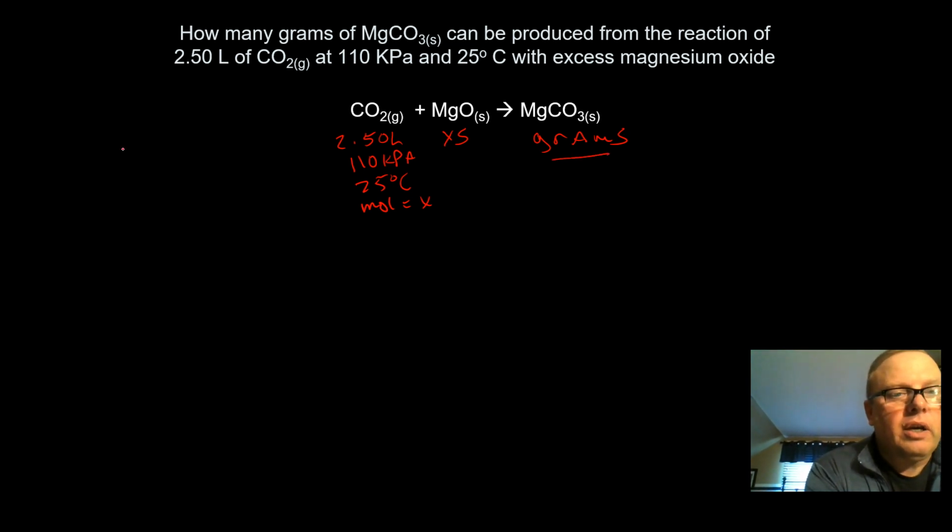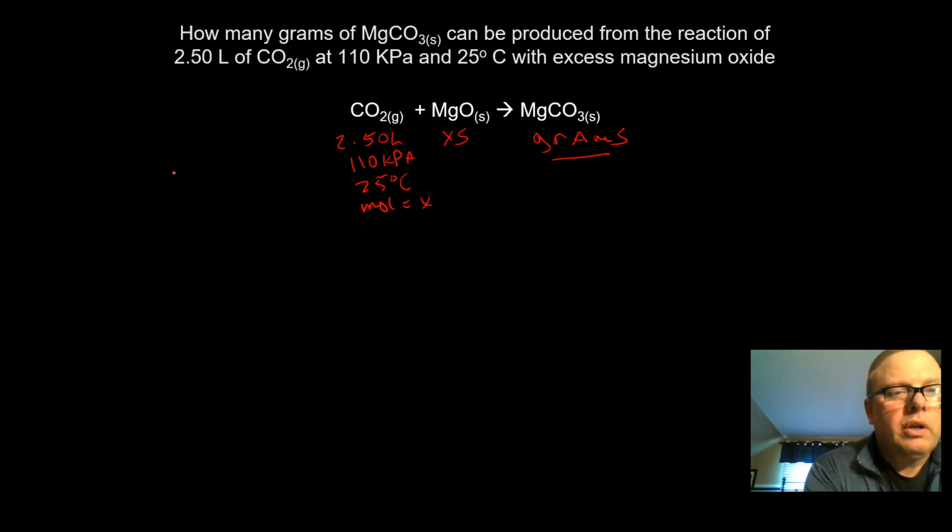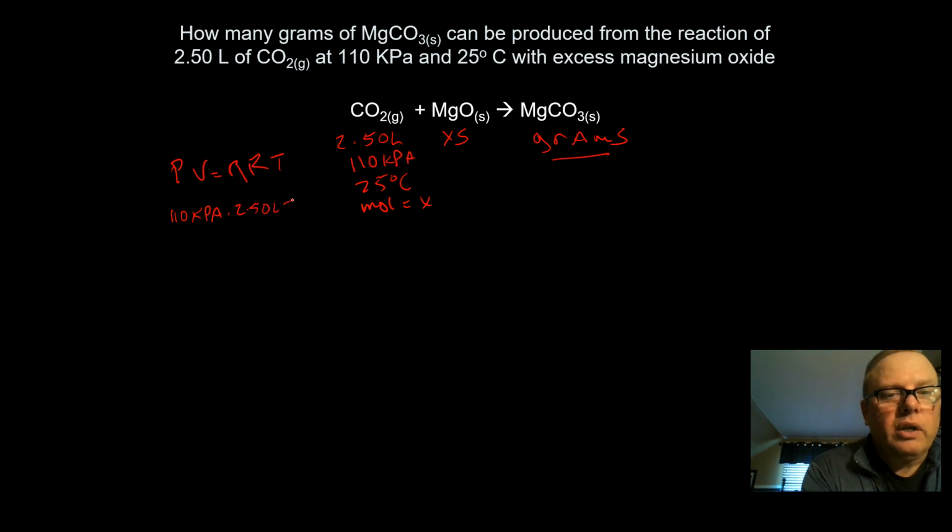So I will take my PV equals nRT. And my pressure, which is 110 kPa, times the volume, which is 2.50 liters, is equal to n, which I don't know, times R, which, because I'm in kilopascals, is 8.31, and times T, which is 25, so that would be 298 Kelvin.